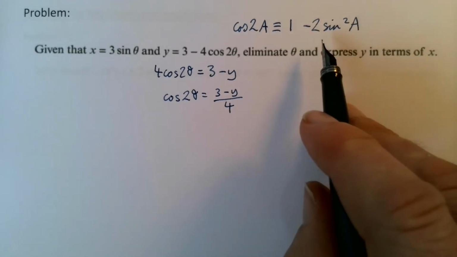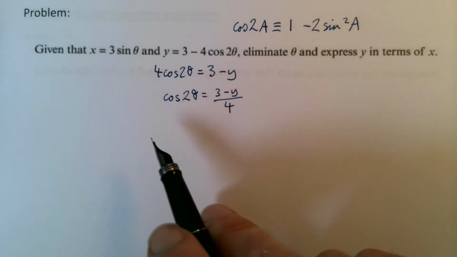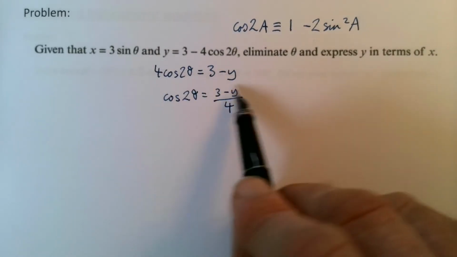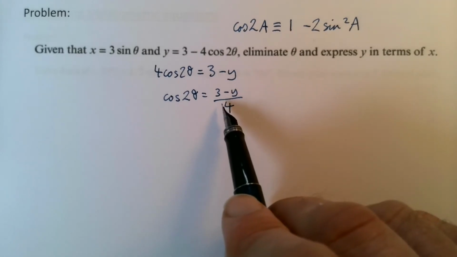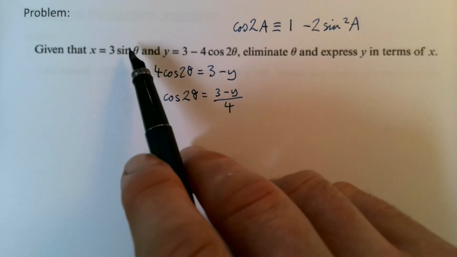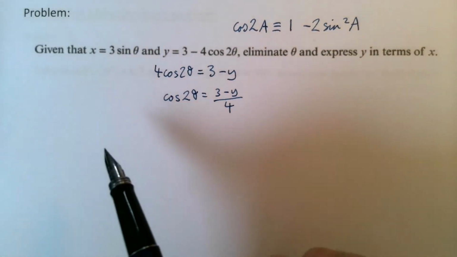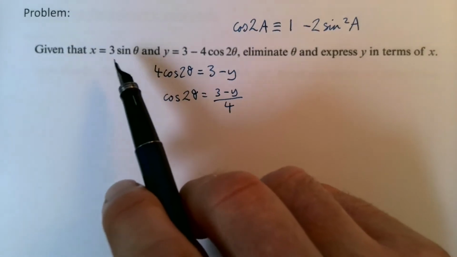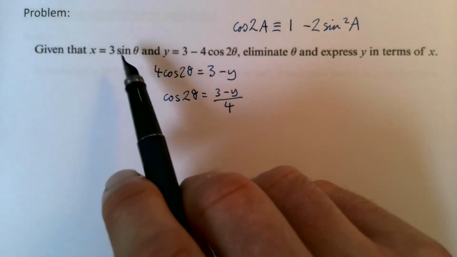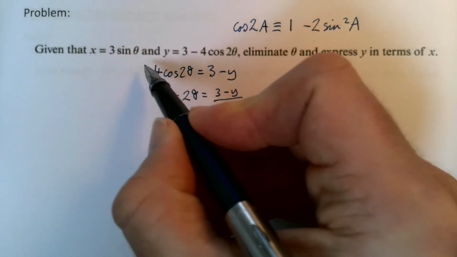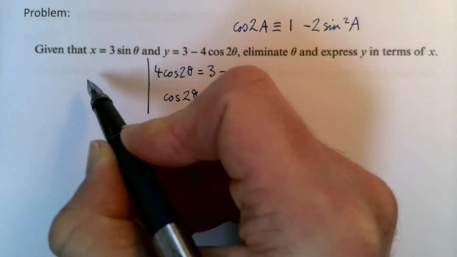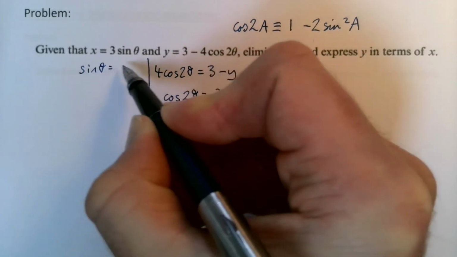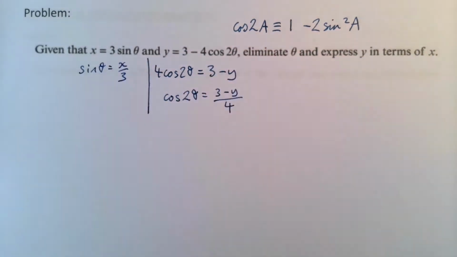So I'm going to do this for both things. I know cos 2a is that, and I'm going to make that equal to this over here. That's been squared. So we need to know what our sine is as well. If I rearrange this, we can get that sine theta is equal to x over 3.